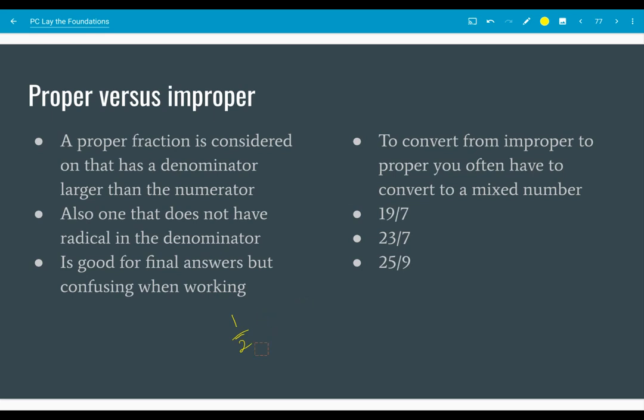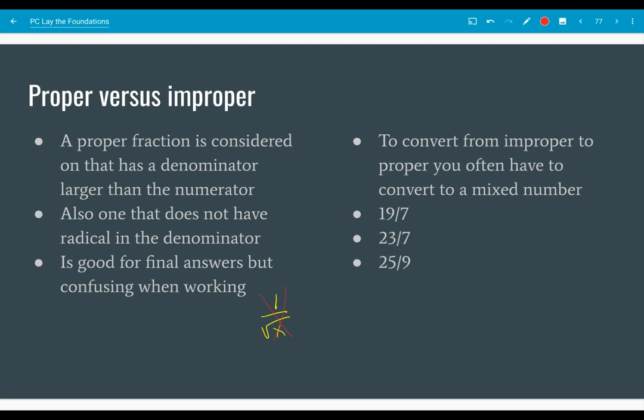You will also find that a proper fraction does not have a radical in the denominator. To get a proper fraction with a radical, you have to do a technique called rationalize the denominator, which we'll get to later. Okay?